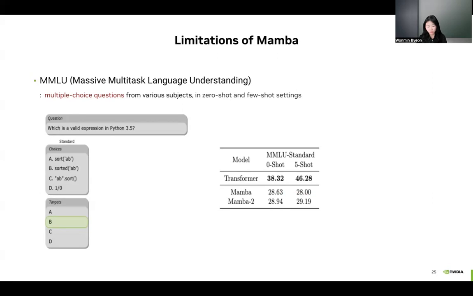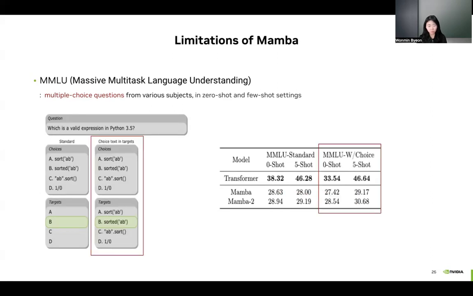So for the next trial, we changed the format slightly to see how well it can do. Instead of giving just one of A, B, C, D in the target, we also put the answers, so that it might help Mamba figure out what the answer should be.